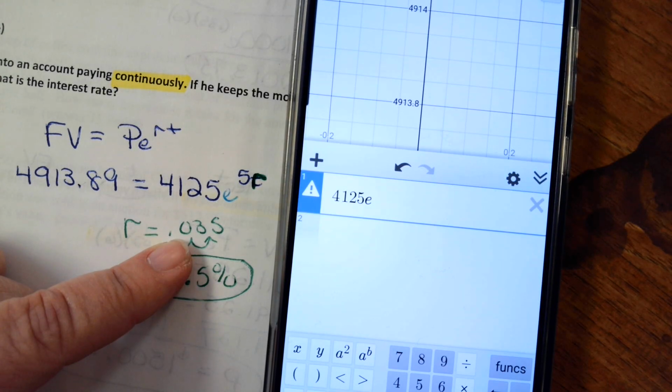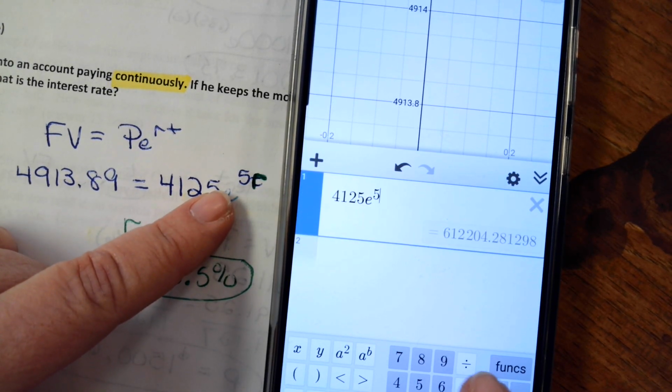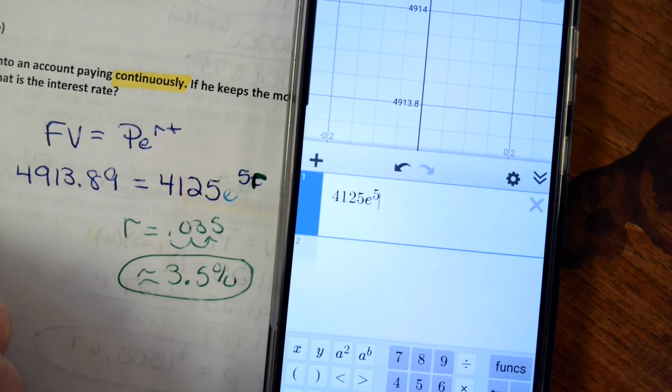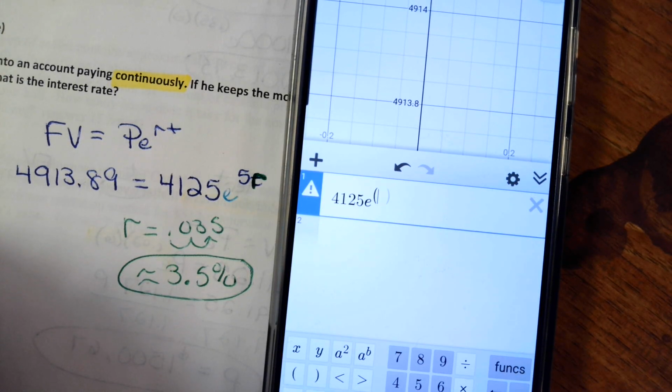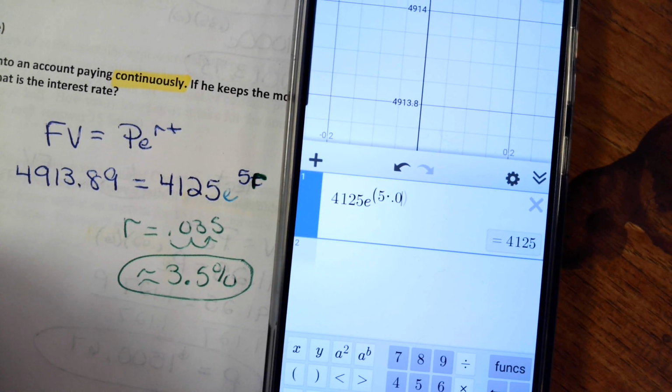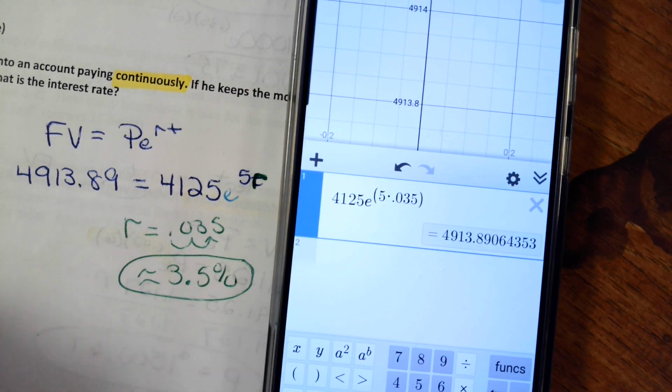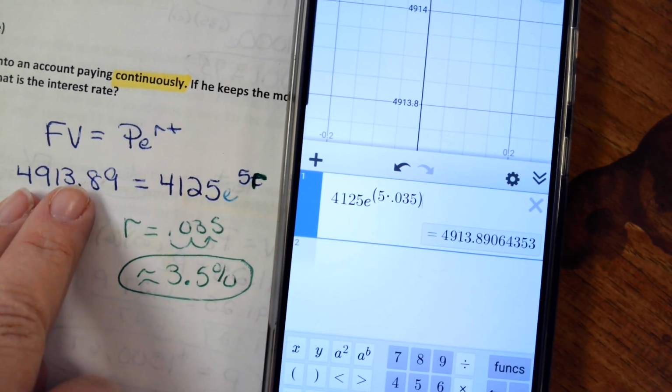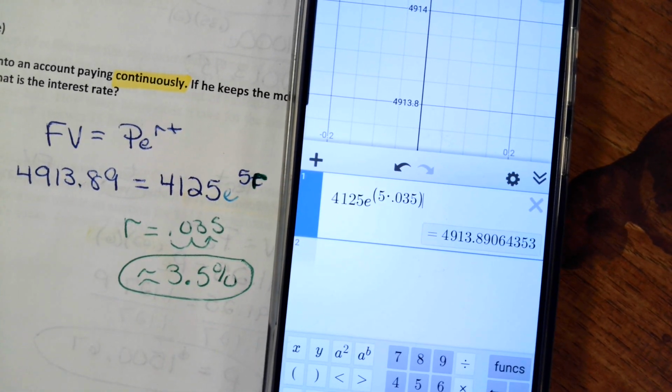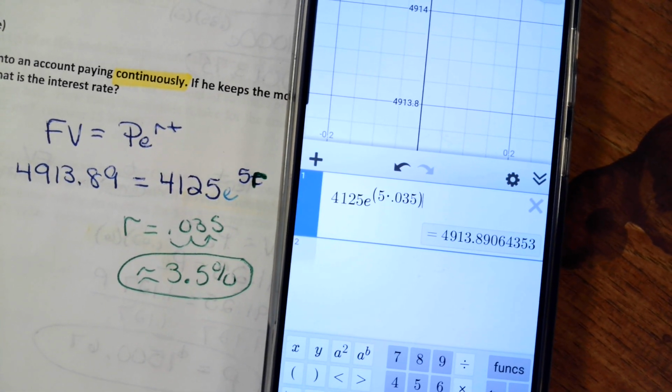All right, e to the 5 times point... Y'all see that my parentheses is not working. I don't know why. 5 times 0.035. There we go. And we get what the output should be. So that lets us know the answer is correct.